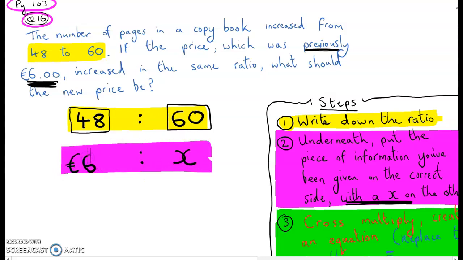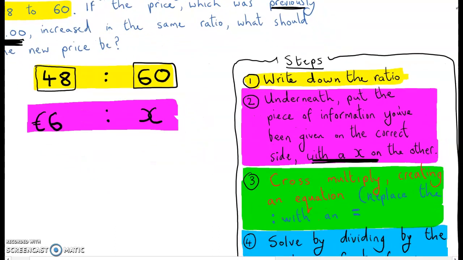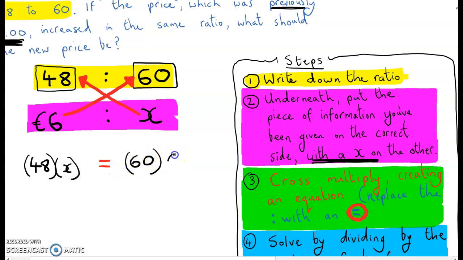Now step 3 is where we cross multiply. So we're going to multiply that up there, and we're going to multiply that up there. And in doing so, we're going to use an equal sign now. We're not going to use that little dot dot anymore. We're going to put an equal sign in the middle. X comes up to multiply by the 48, so we'll have 48 by X is equal to 60 by 6.